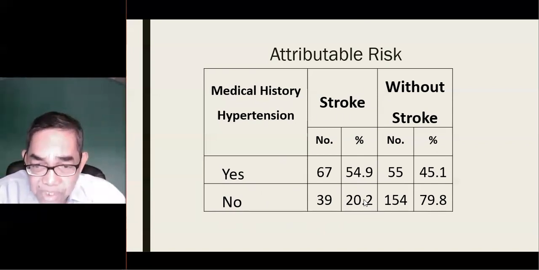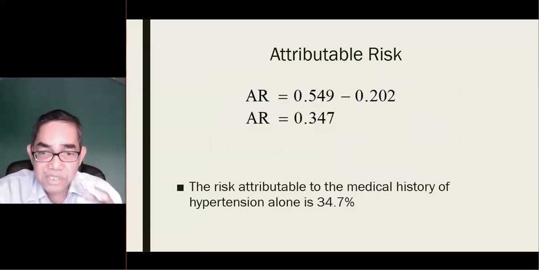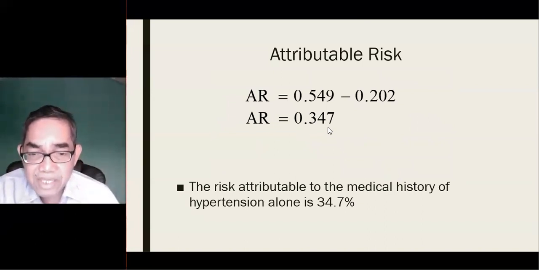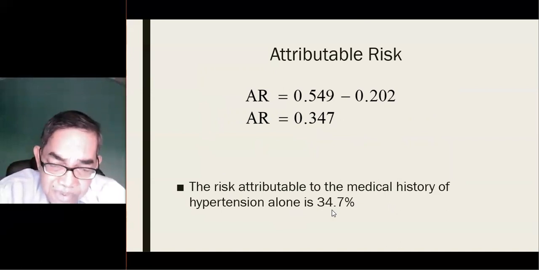So you need to deduct 20.2 from 54.9, and the result will be the attributable risk. This is the result: 34.7, or 0.347, or 34.7% is the risk attributable to medical history of hypertension alone.